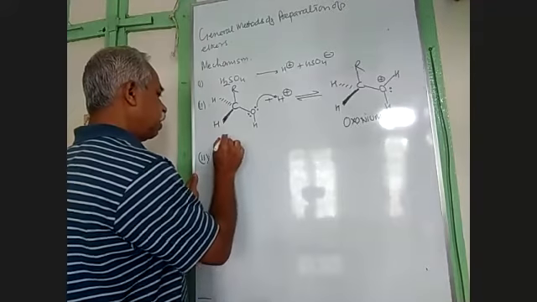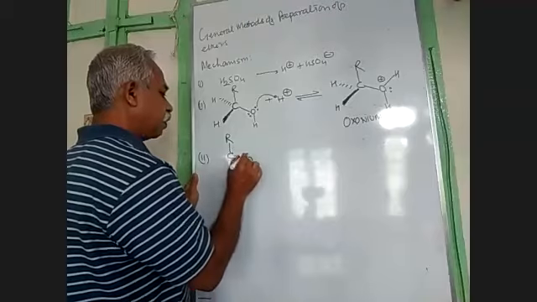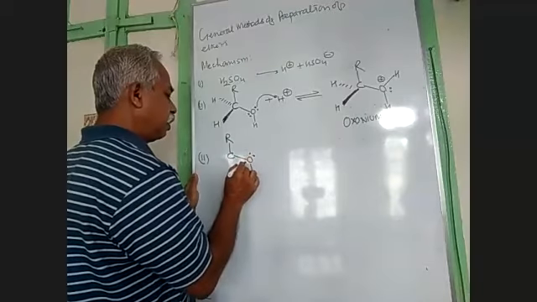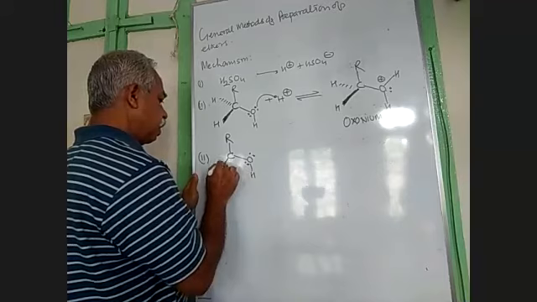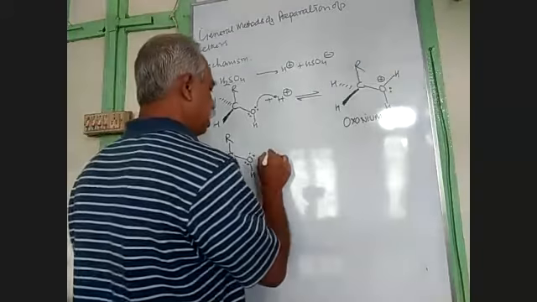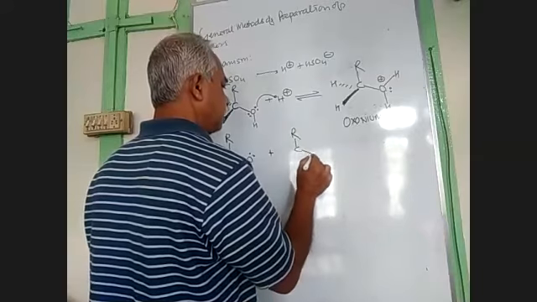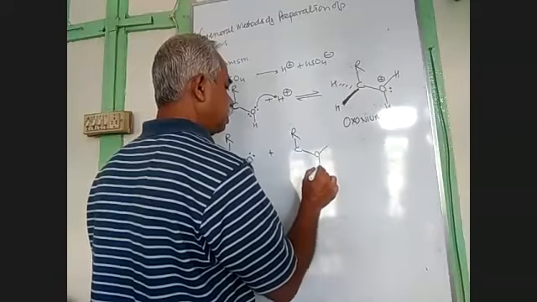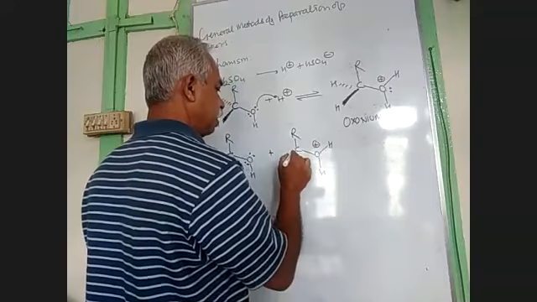This is another molecule of alcohol, which is not protonated. So this is an alcohol and this is the oxonium. See, such a big molecule cannot come from this side.